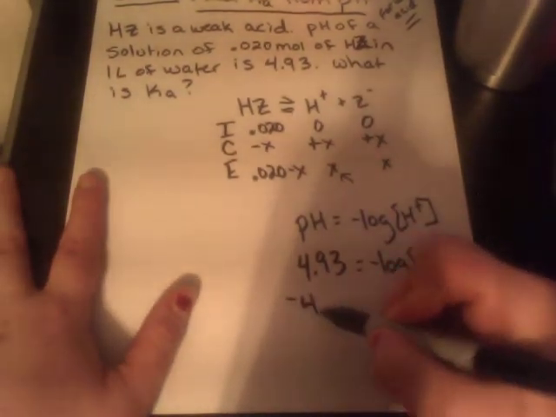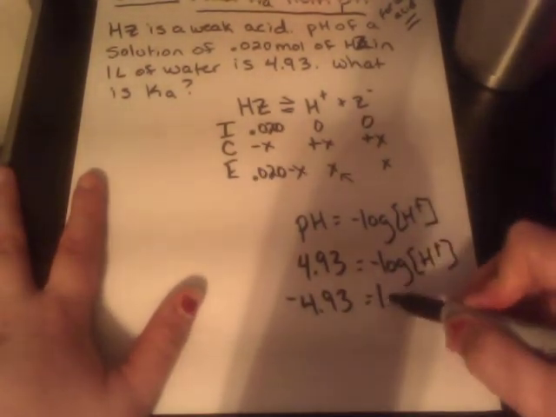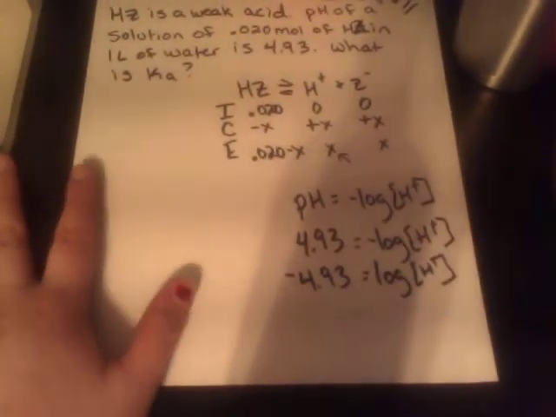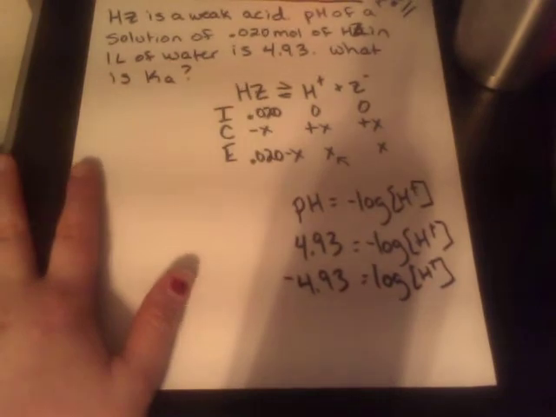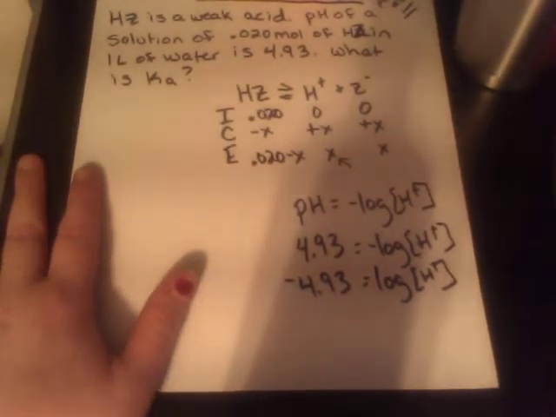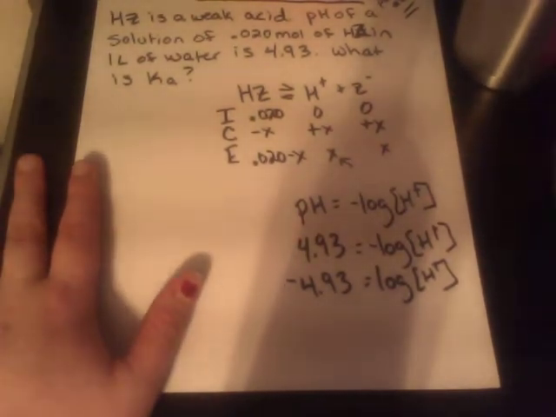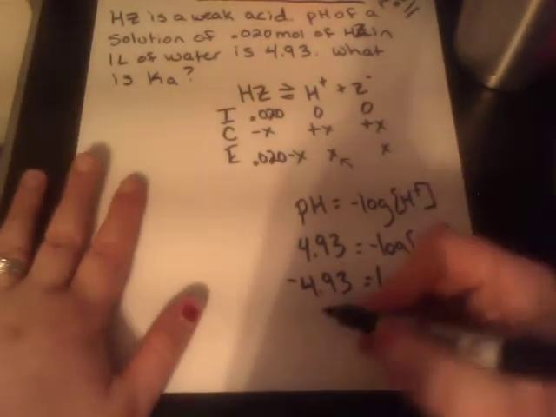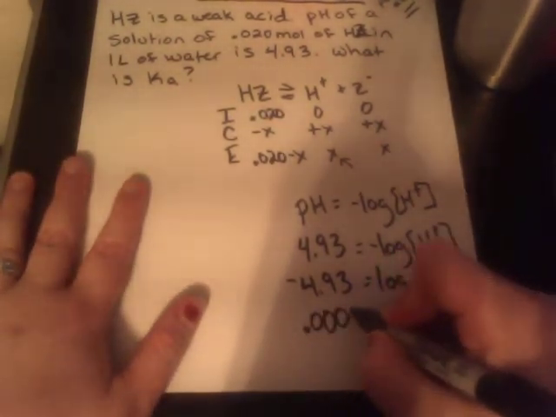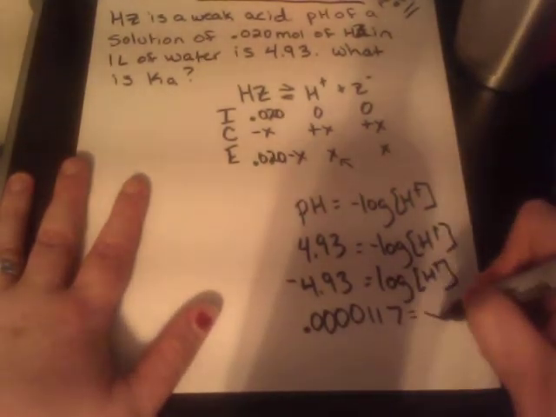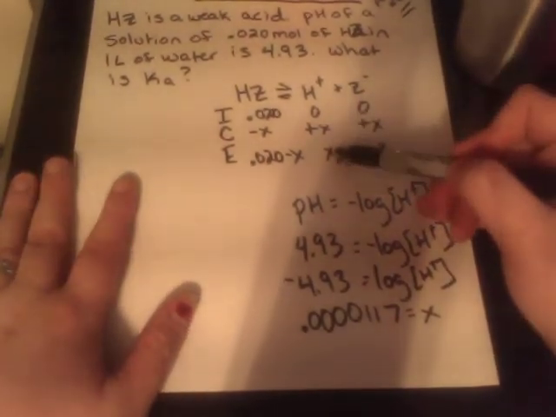Therefore, negative 4.93 equals log of H plus. So we take the antilog of negative 4.93, which is 10 to the power of negative 4.93, and we get 4 zeros and a 117, equals x.